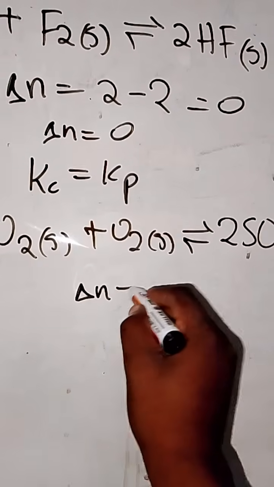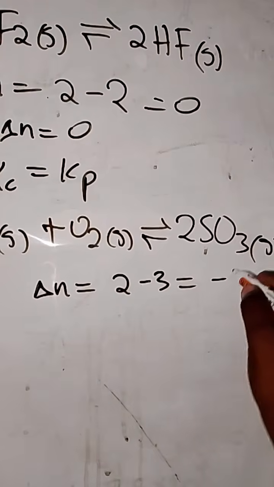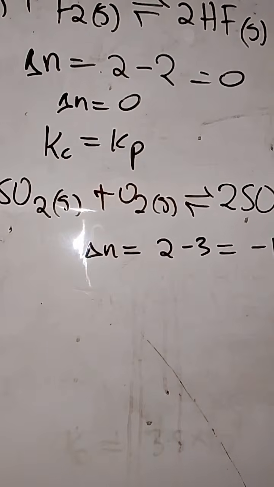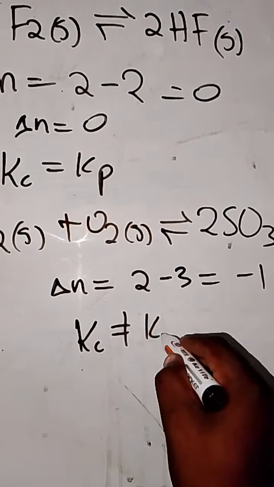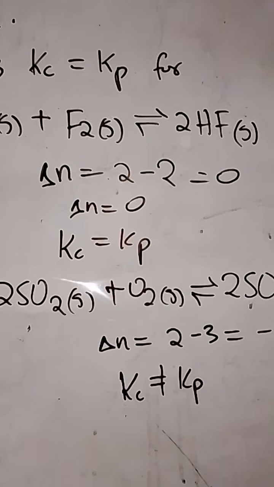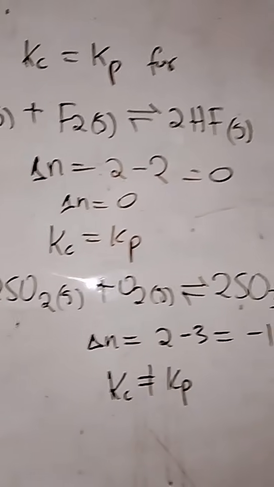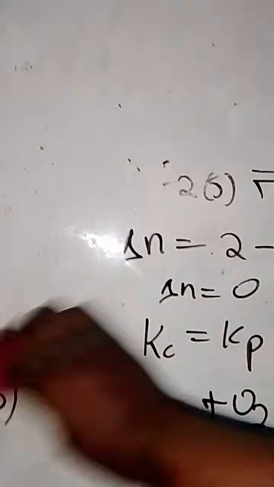Delta n in this case will equal 2 minus 3, which is equal to negative 1. So Kc is not equal to Kp. Moles of the reactants are not equal to the moles of the products. If the moles of the products and the moles of the reactants are the same, then Kc is equal to Kp.